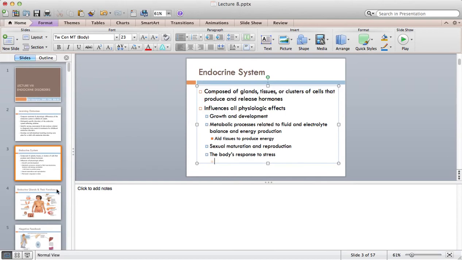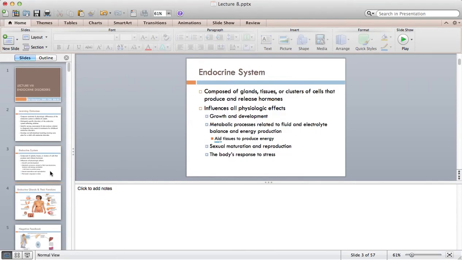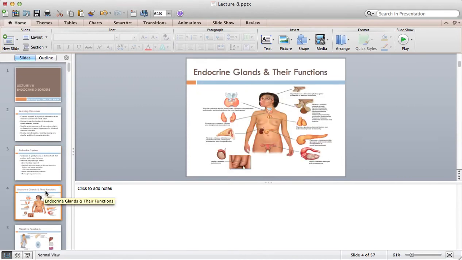So, for this class, we are looking to identify those functions of the endocrine system that are over-secretive, which is the hyper or under production of those hormones.